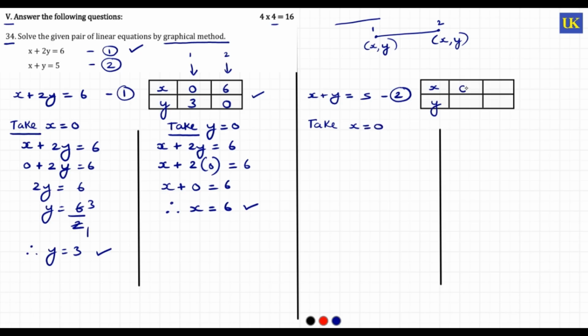Now we take the second equation, x plus y is equal to 5. We input the value of x as 0, so 0 plus y is equal to 5. So it is very straightforward that y is equal to 5. Now similarly for the second time we need to take some value. Let's take y is equal to 0.